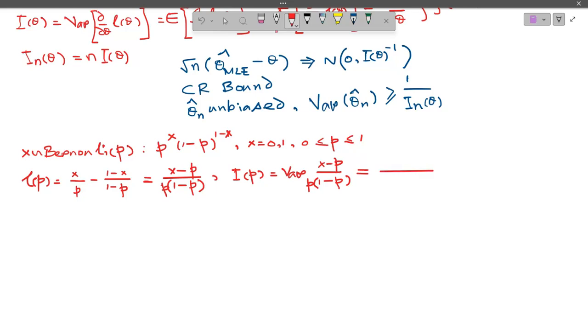Below we have, since it is variance, p squared into 1 minus p whole square. On top we have the variance of x, which is p into 1 minus p. So for a Bernoulli variate with parameter p, the Fisher information is 1 by p times 1 minus p.